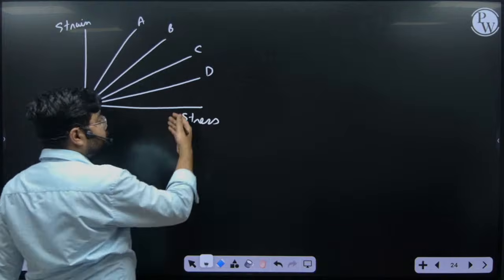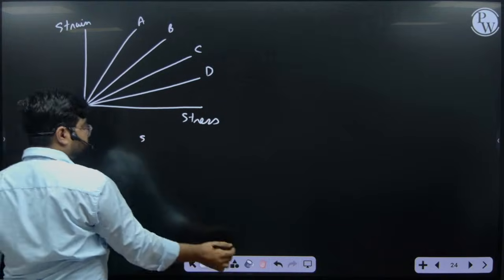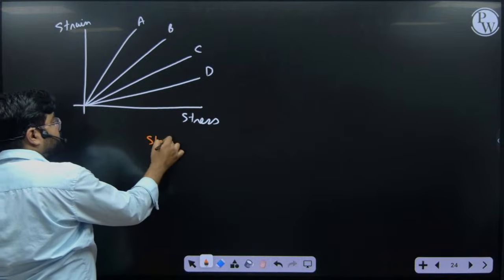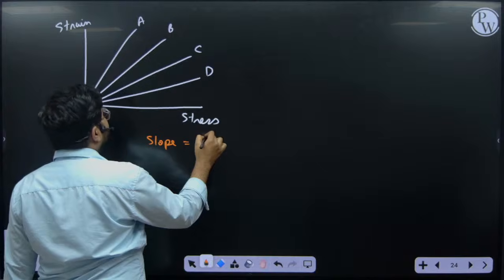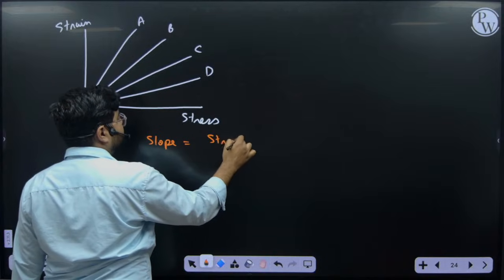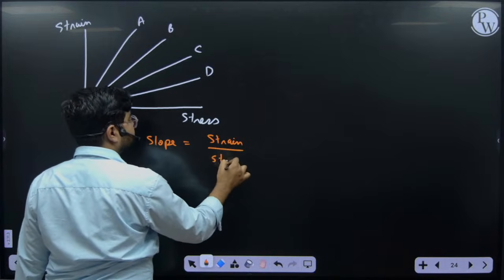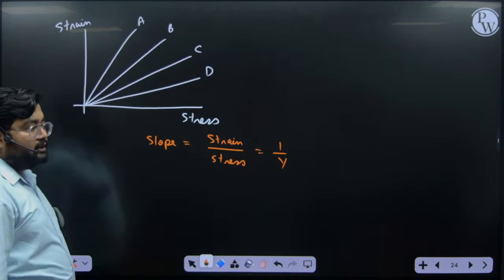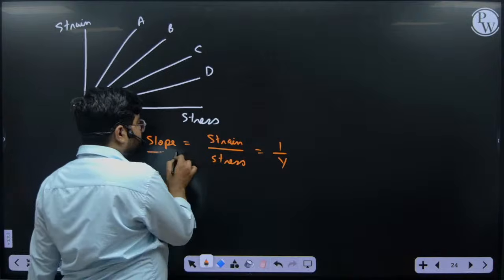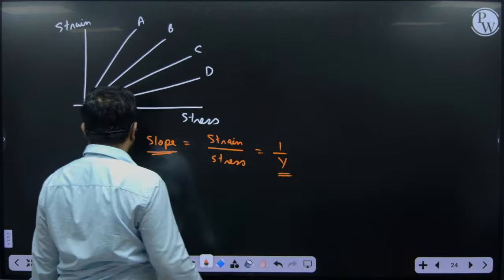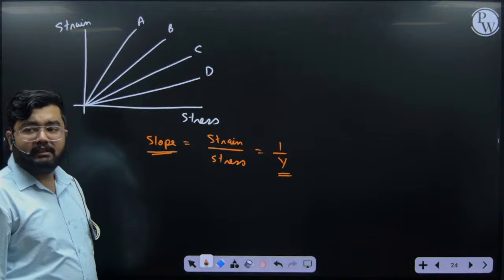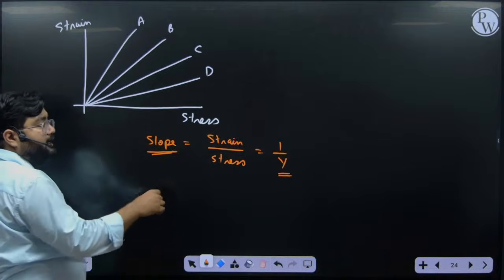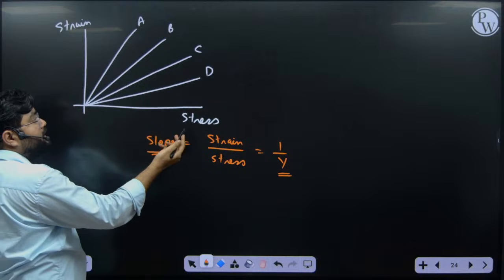So the slope of this graph, the solution is pretty simple here. The slope of this graph will be strain by stress, which is 1 by Young's modulus. Now, slope and Young's modulus are inversely related. So that means if we have a higher slope, Young's modulus will be lower, and if we have a lower slope, Young's modulus will be higher.